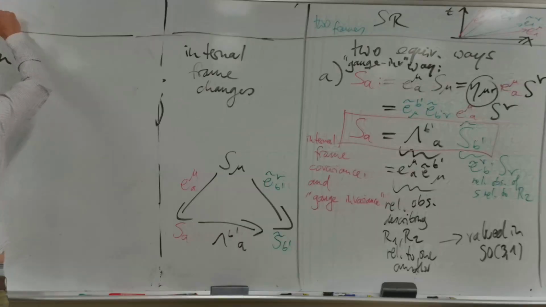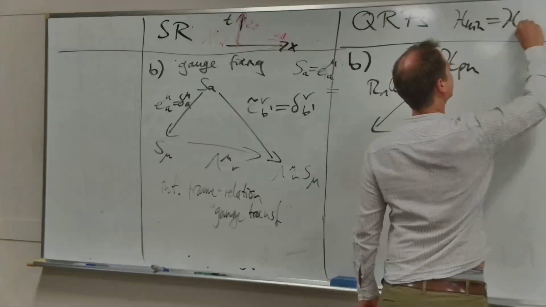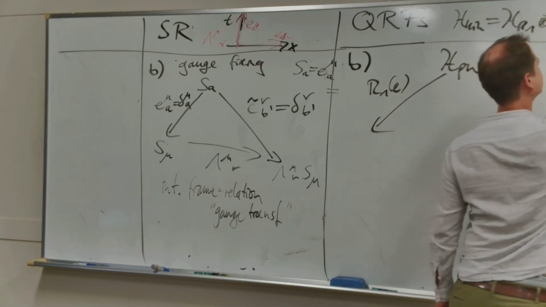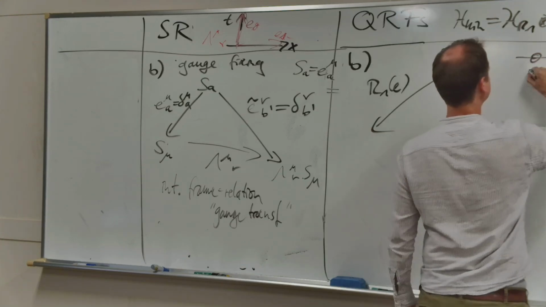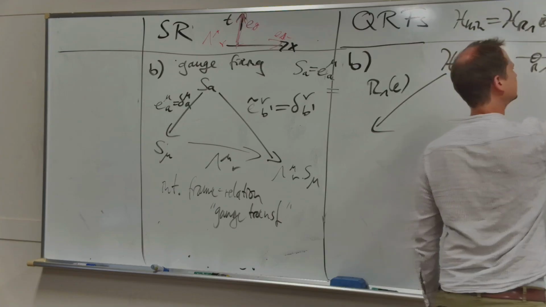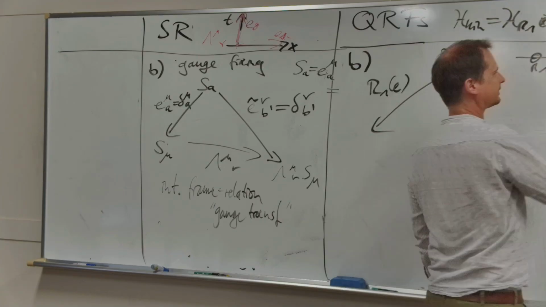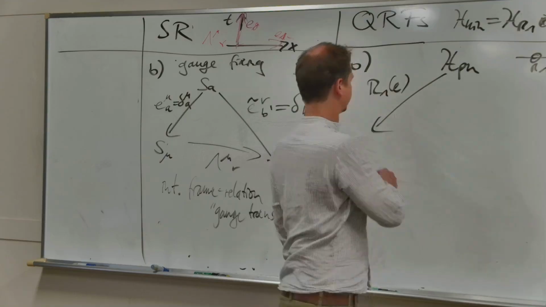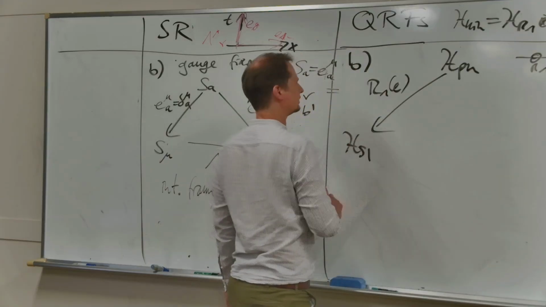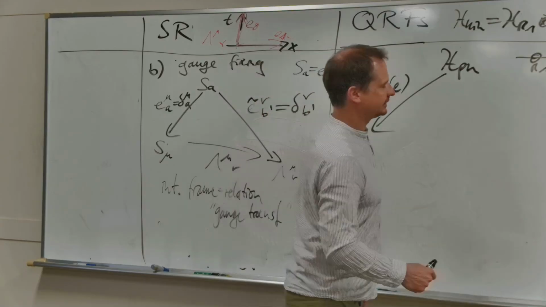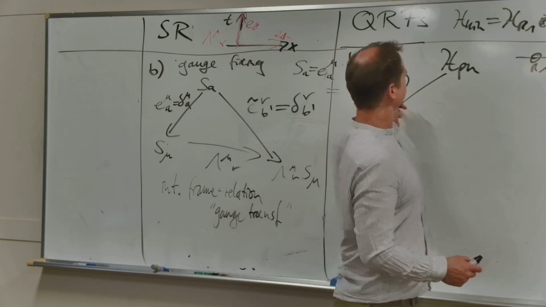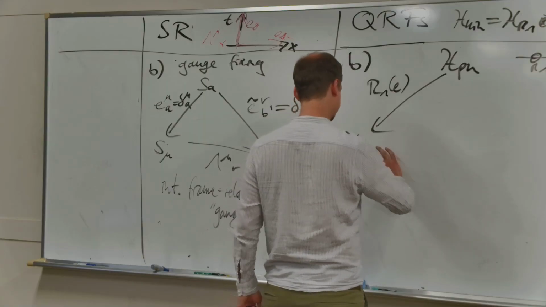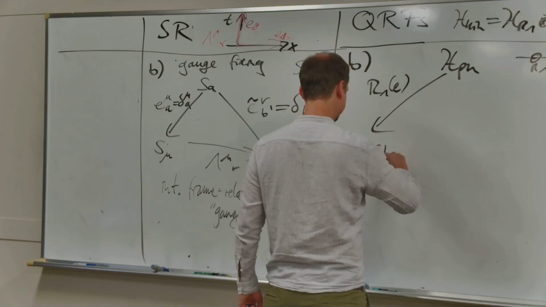So we have the kinematical Hilbert space is now H_R1 tensor H_R2 tensor H_S. So you can think about it as an R1, R2, and a system S if it's like a three-particle example or something like this. And I told you this is unitary, so this goes to H_S. Well, okay. In this case, the system relative to the first frame is R2 and S. Okay. So it will be R2 and S relative to R1.